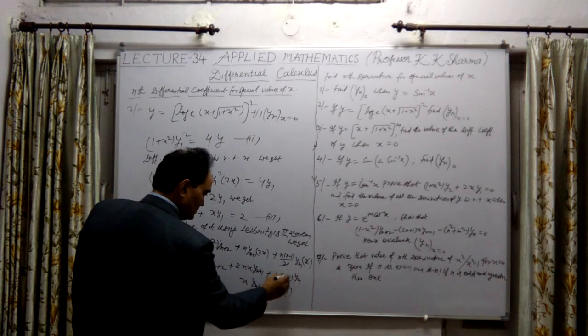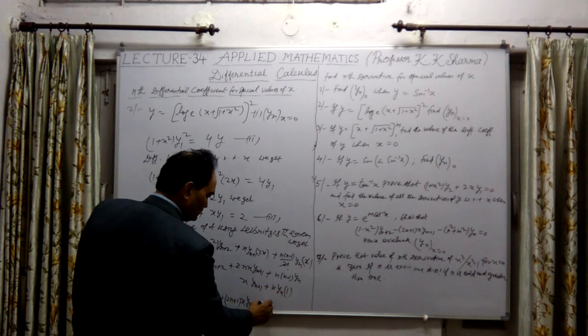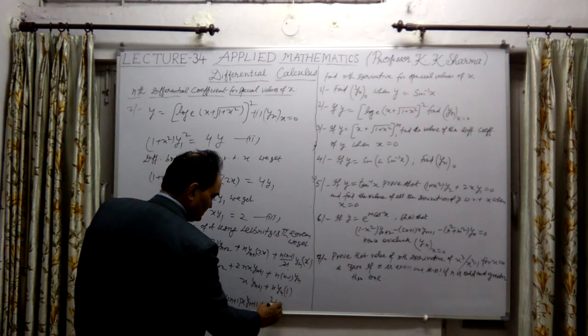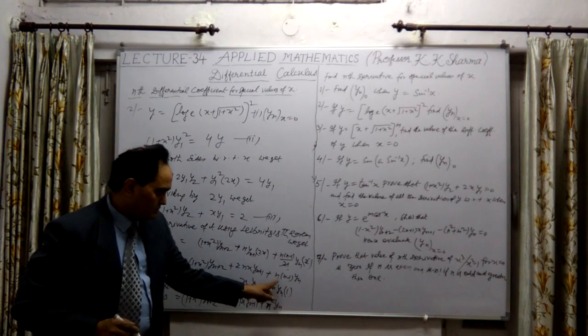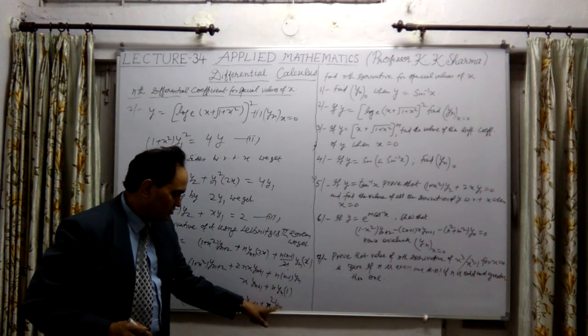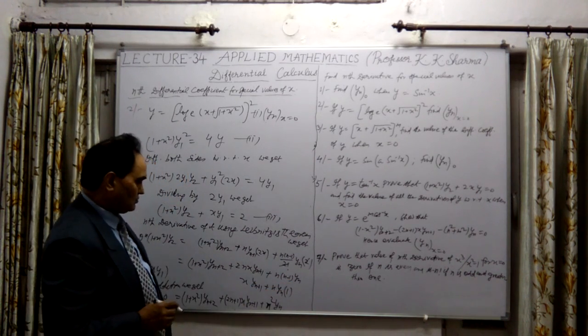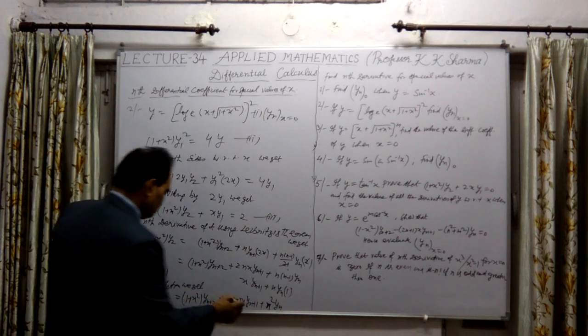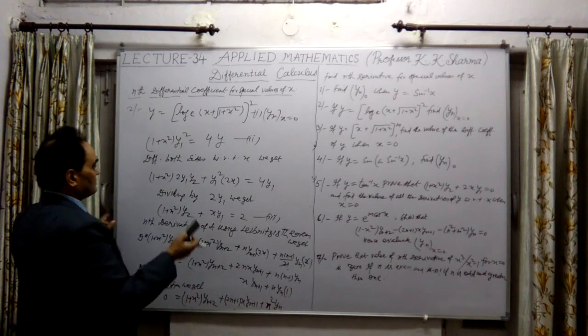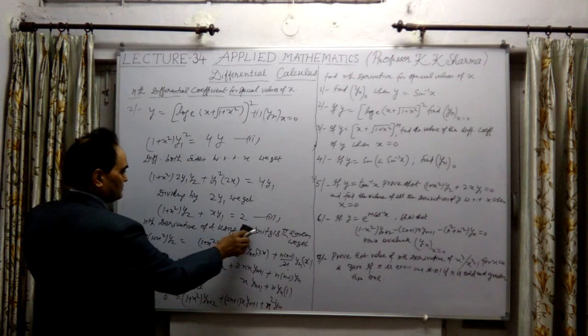Plus here it will be minus n plus n cancels out, only n² into yn. So n² minus n plus n cancels, only n² yn, equal to 0. Now let me write it here. This is the third equation.